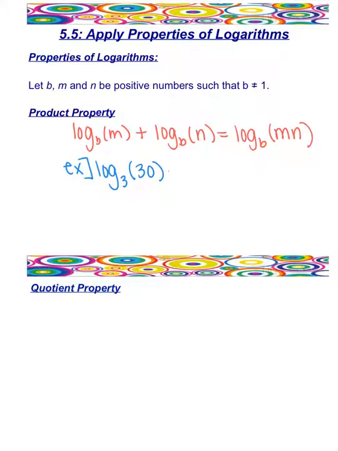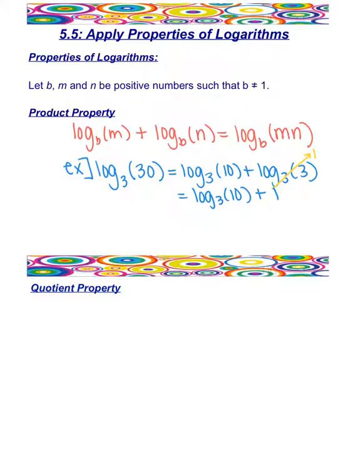So that could be equal to log base 3 of 10 plus log base 3 of 3, since 10 times 3 is 30. And remember, log base 3 of 3 is 1, so I could even simplify this more and say that it is equal to log base 3 of 10 plus 1 if I wanted to.